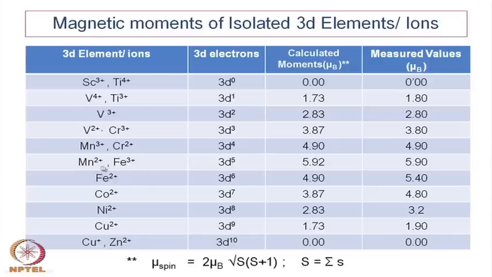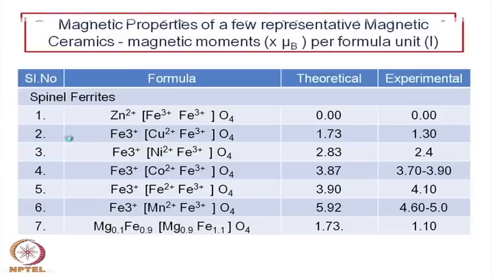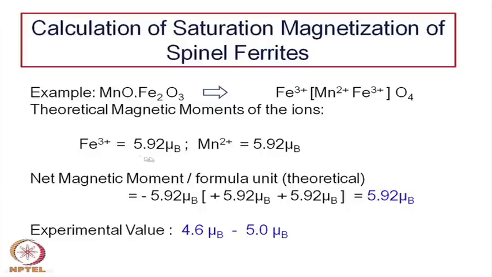Manganese 2+ and Fe3+, both of them are d5, and according to Hund's rule there will be 5 unpaired electrons. All of them are actually unpaired. So, this is the magnetic moment of this ion, and this is the magnetic moment of that.